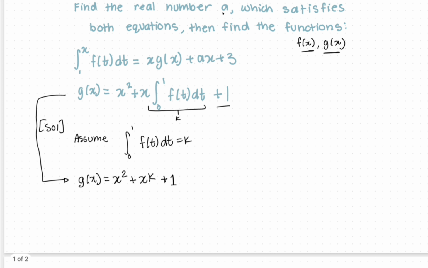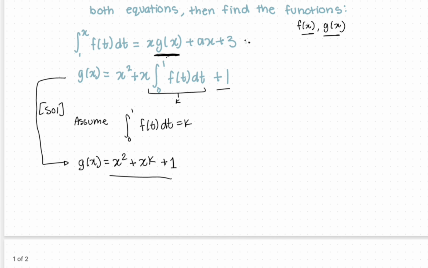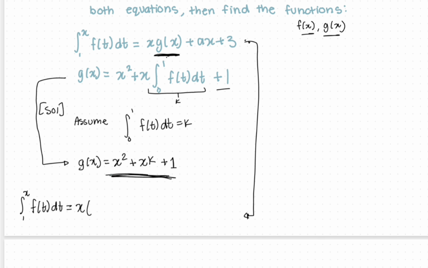Now this is g of x in terms of k. We see that in the first equation, there is a g of x in there, right? So let's try to substitute this g of x into this equation. So the integration from 1 to x of f of t dt is equal to x times g of x. Let's replace g of x: x times (x squared plus xk plus 1) plus ax plus 3.